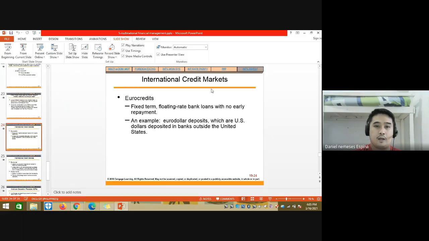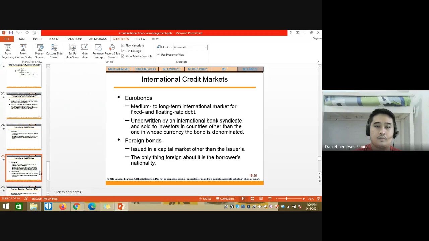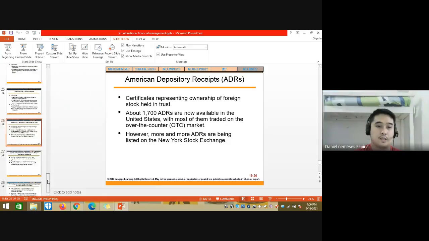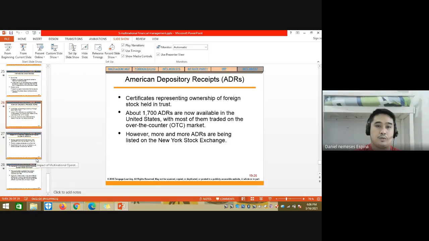International credit markets, this is where the countries can borrow money. We have the eurobonds and the foreign bonds. What are the American depository receipts? As we know, in the Philippines we also have an equivalent of these receipts. We call them the PDRs, or the Philippine Depository Receipts.